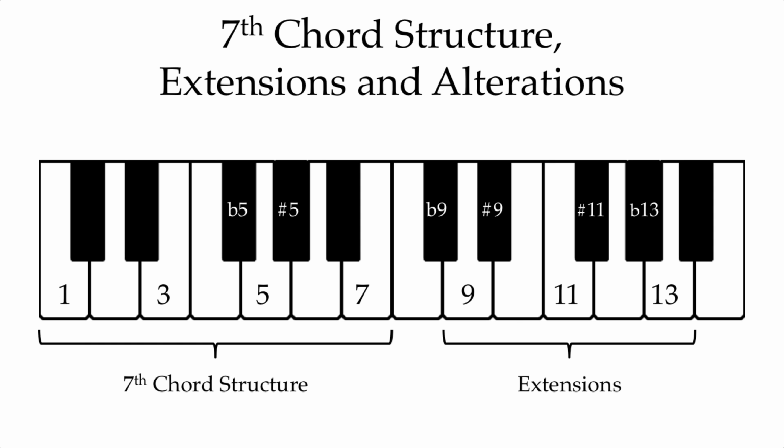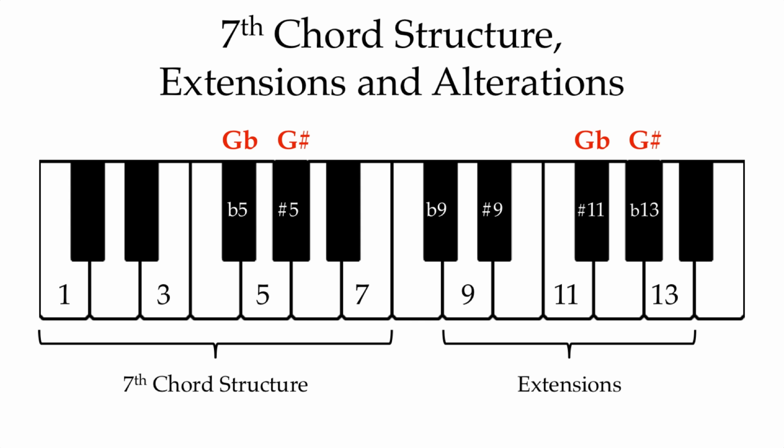Now here, what note is our 5th scale degree? Well, it's a G, and the flat 5 is a G flat, and the sharp 5 is the G sharp. Notice that our sharp 11 and flat 13 are the same notes, G flat and G sharp. So flat 5 has the same letter name as sharp 11, and sharp 5 is the same letter name as flat 13.